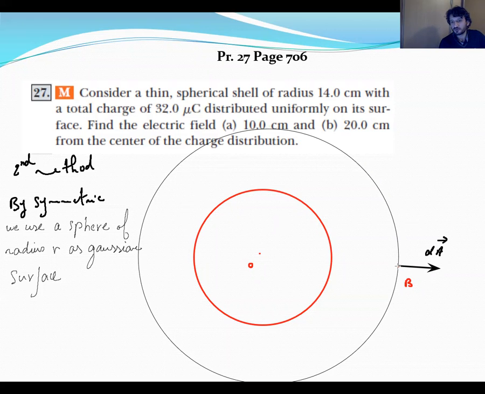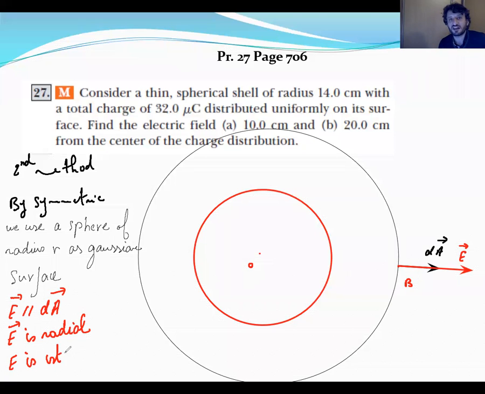So E must also be outward. We can say E is parallel to dA. E is radial. E is constant at any point on the sphere.